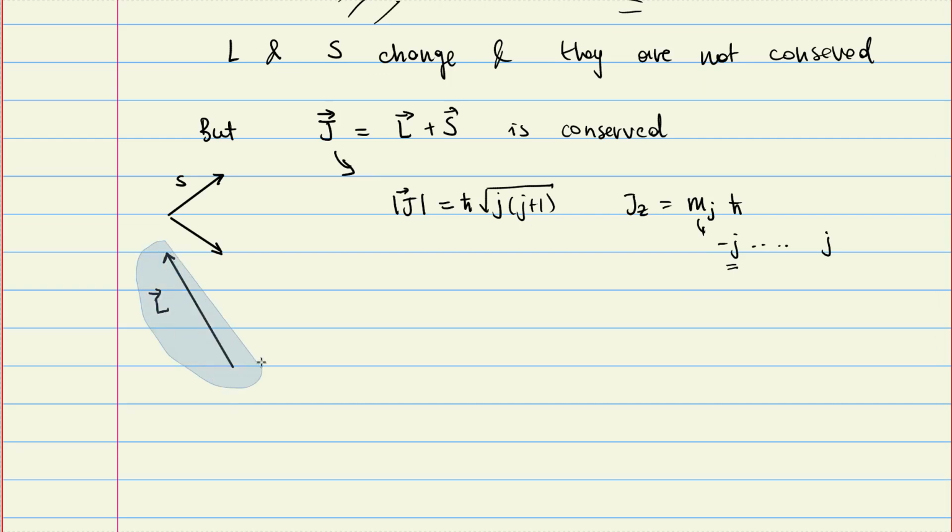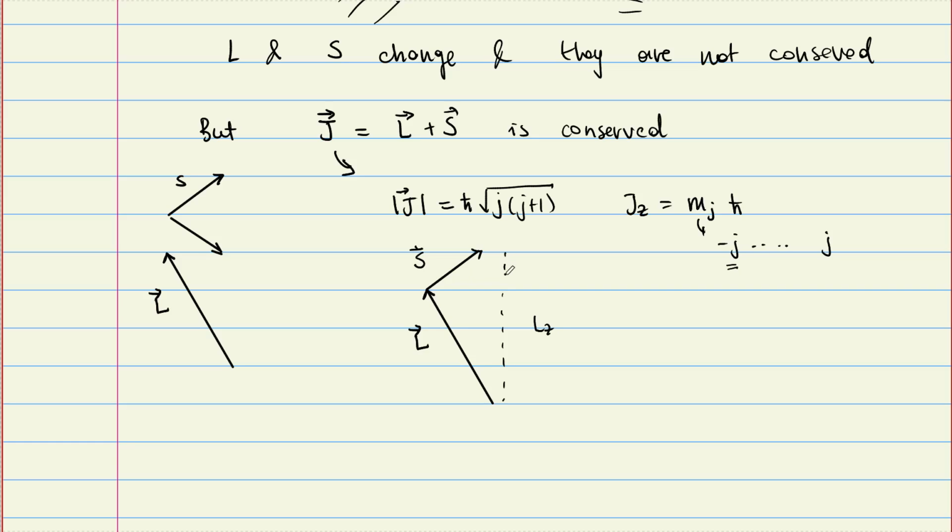For example, take this one. This is going to have some projection, some Lz, and to get the maximum, I have two options. I'm going to get this guy. So this is L, this is S.